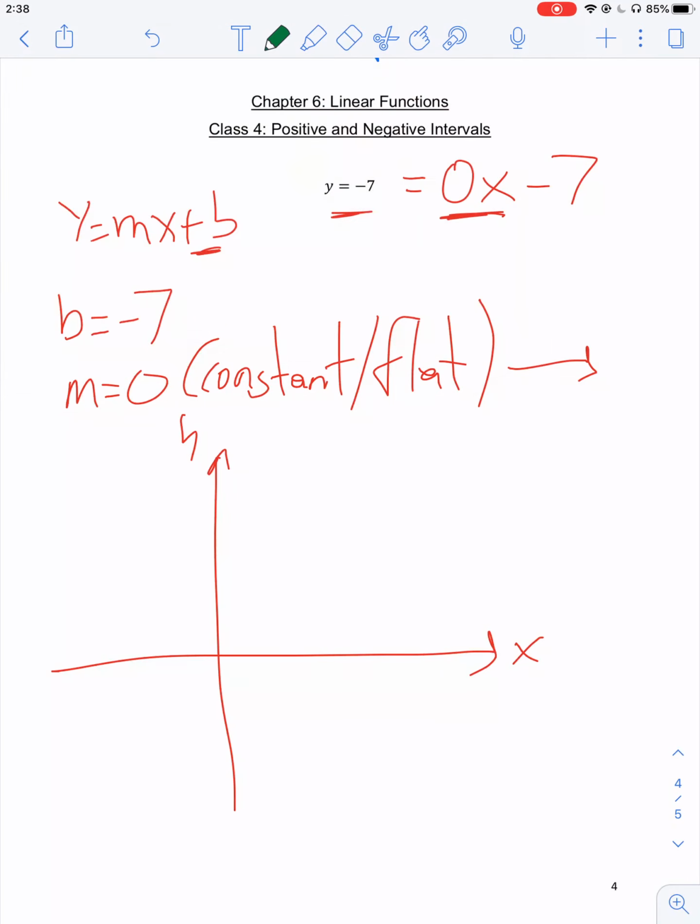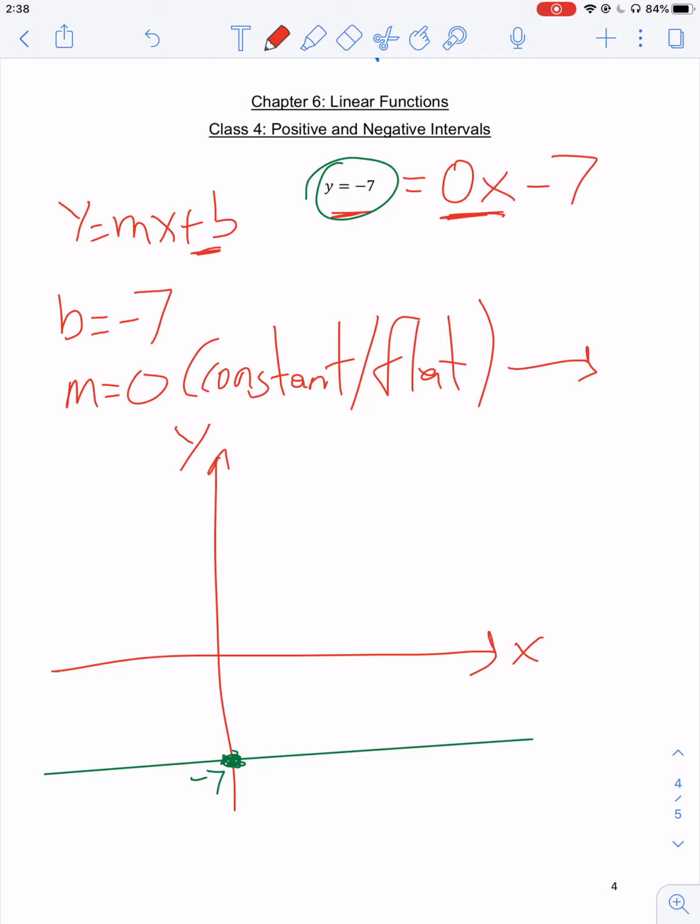So let's just stick with green. So this is the point, and basically this is what my function looks like. This is -7. So y is always equal to -7, no matter what the x value is. This is a very ugly looking y, so let's make this look a little nicer. Now, the question is positive and negative.